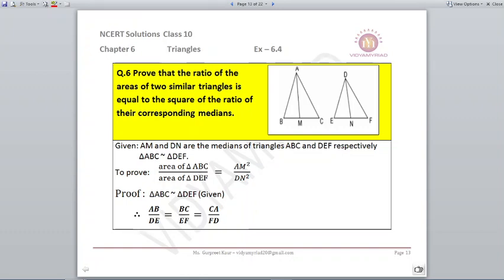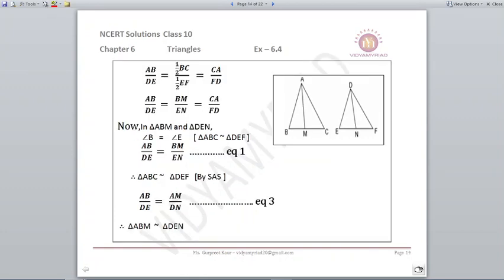Now if you look at BC and EF, we have M and N. They are the midpoints of them. That means half of BC we can write and half of EF also we can write. For that I can substitute BM upon EN. Now let us take the triangles ABM and DEN. Here angle B is equal to angle E because the triangles are similar, so their corresponding angles are equal.